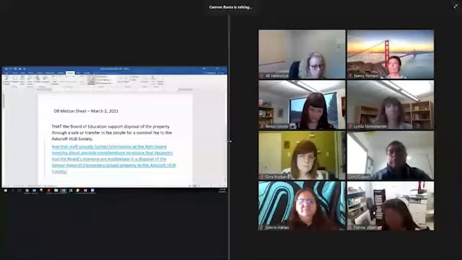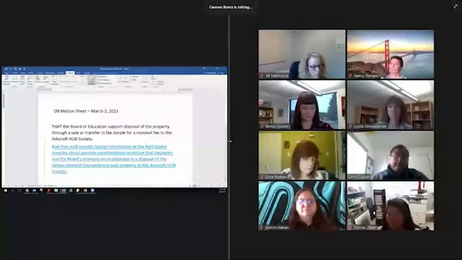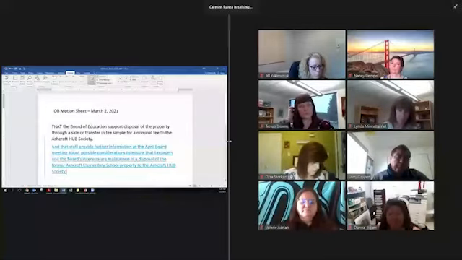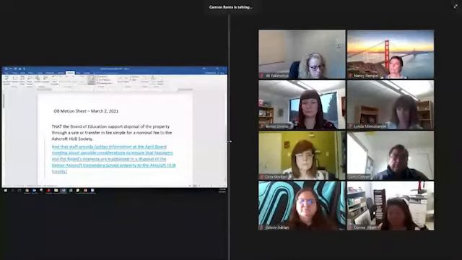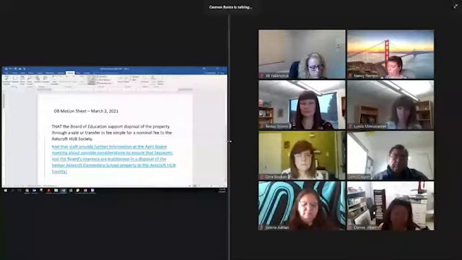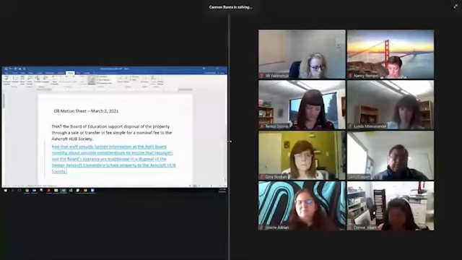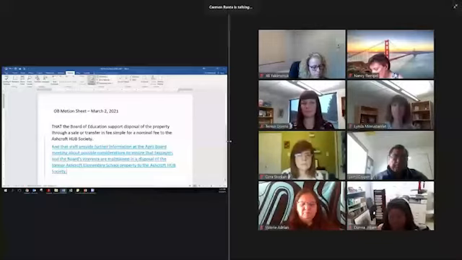If we have a property disposal at a nominal price to the Hub Society, then let's make sure that in that agreement, not only would the board get the property back if the Hub Society no longer required it, or needed to dispose of it themselves, and I certainly hope this never would occur, but that the board would retain rights to sell the property at a time in the future for fair market value if the property became unused by the Hub Society.